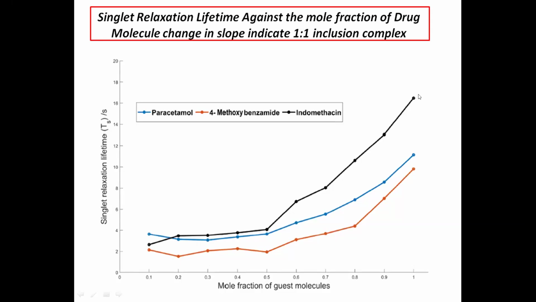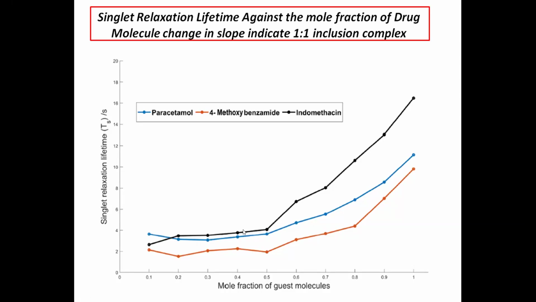And before this, there is a big change in the relaxation time. After this, relaxation is almost constant. So from here, we concluded that the maximum drug load that can be put in the drug host is half, like 0.5, or there is a formation of 1-to-1 complexation.